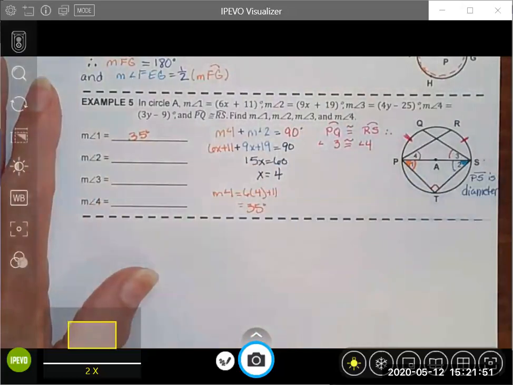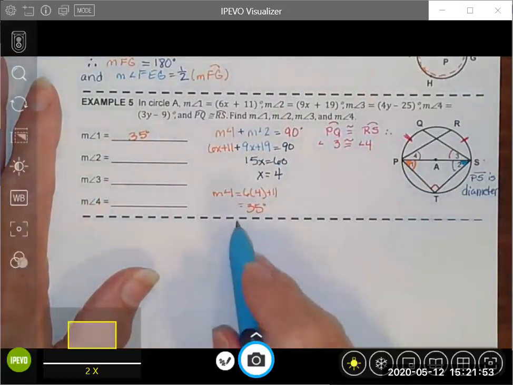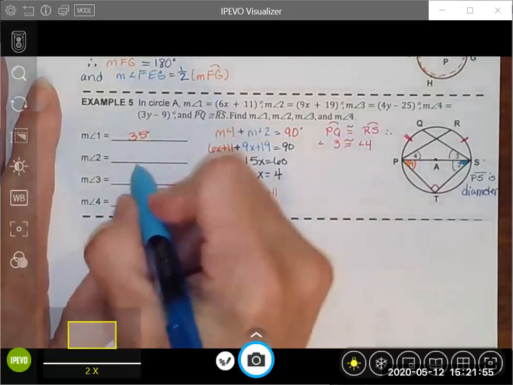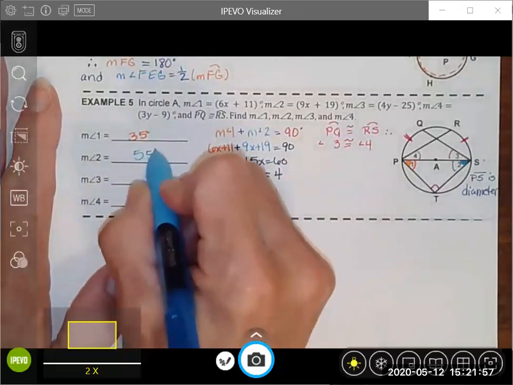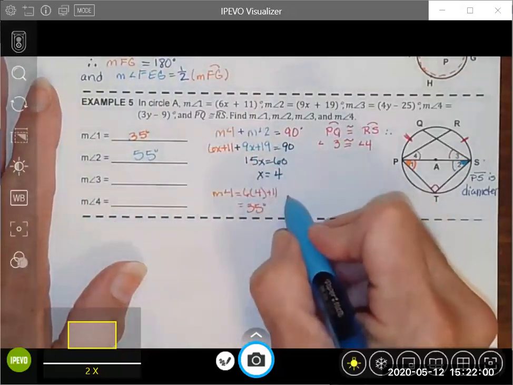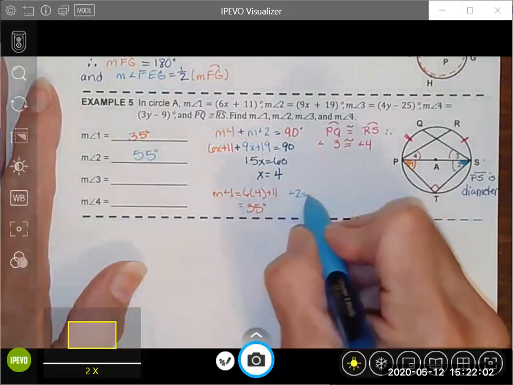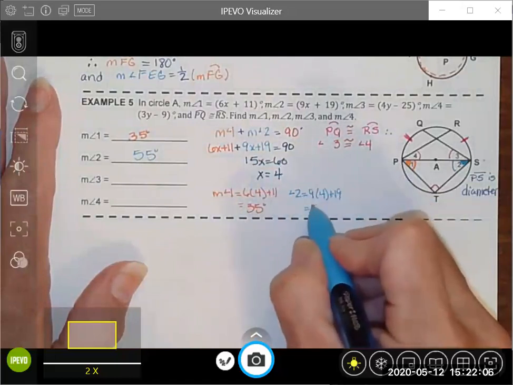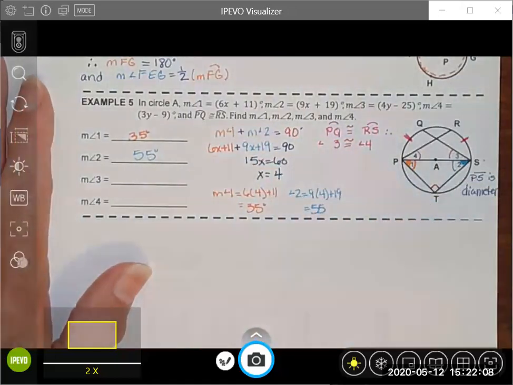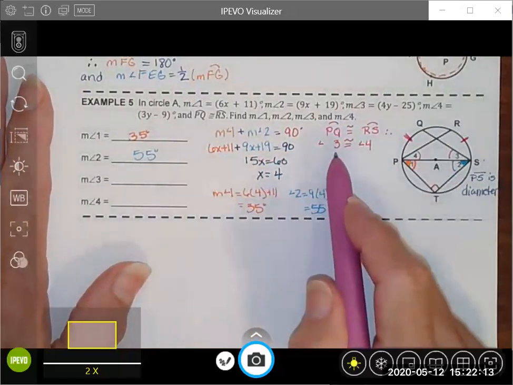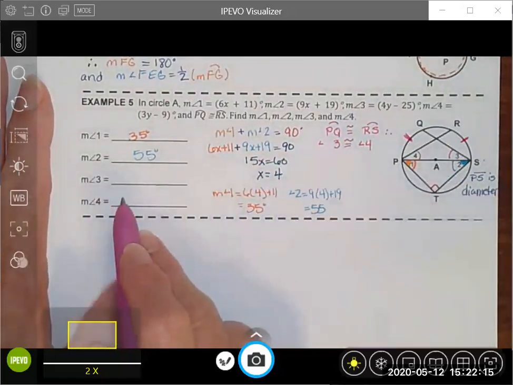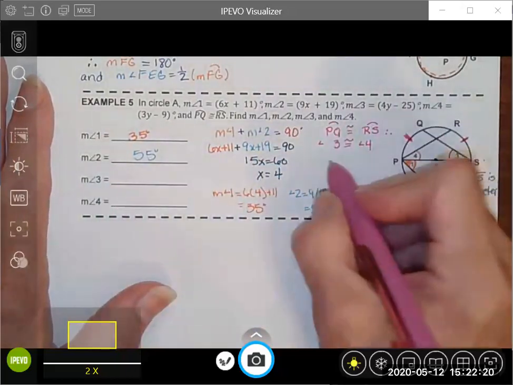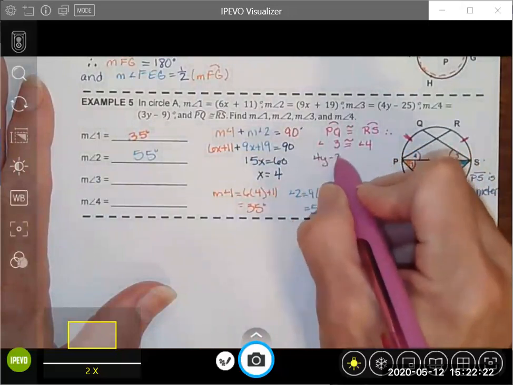And then I can either take 90 degrees minus 35, and that would give me 55 degrees for the measure of angle 2, or I could substitute it in and say angle 2 is equal to 9 times 4 plus 19, which equals 55. Whichever you choose to do will absolutely work. To find the measure of angle 3 and 4, I substitute in what I know about those angles. I know angle 3 is 4y minus 25.